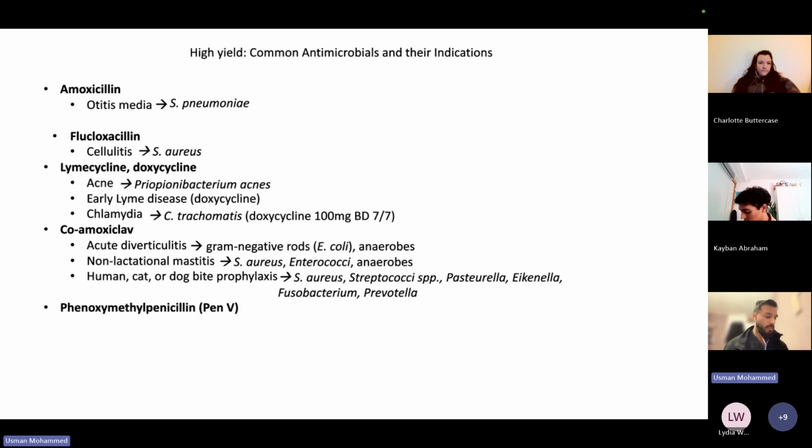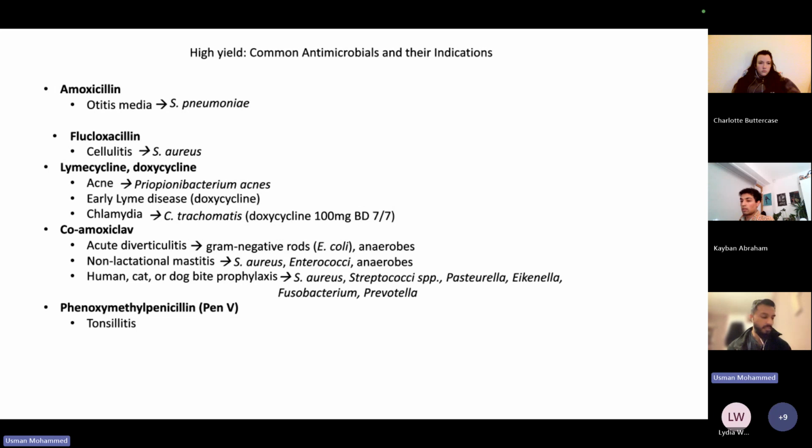Phenoxymethylpenicillin or Penicillin V, we had this before as well, but 2 indications, 3 actually. We had this before too. Scarlet fever was one of them, and scarlet fever is caused by group A strep. So we've got tonsillitis and scarlet fever and strep.